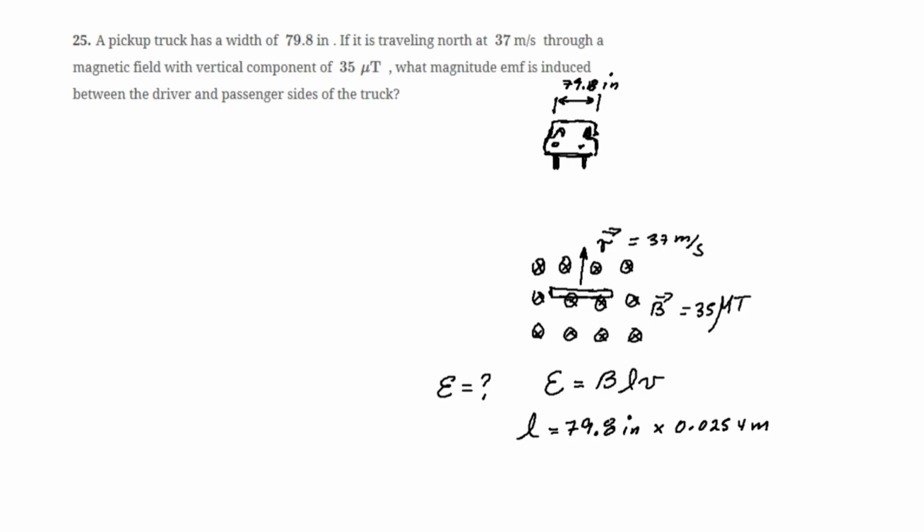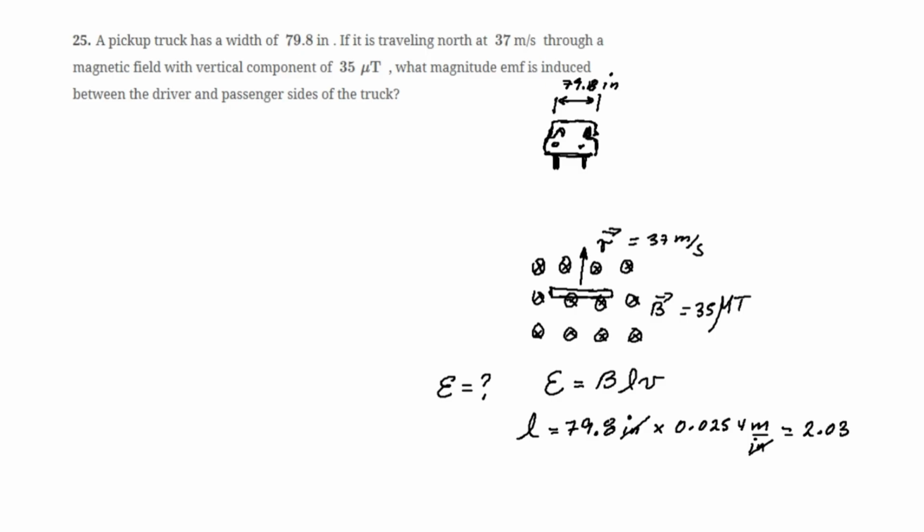Why? Because it's 2.54 centimeters per inch. So 2.54 centimeters is 0.0254 meters per inch. Like that, you can convert these inches into meters, and you will get 2.03 meters.